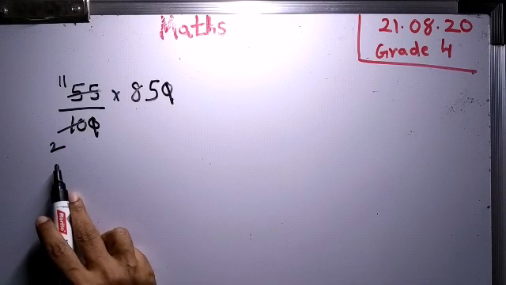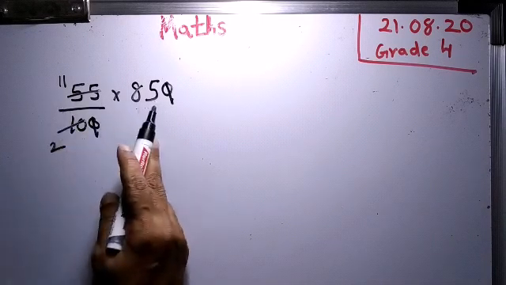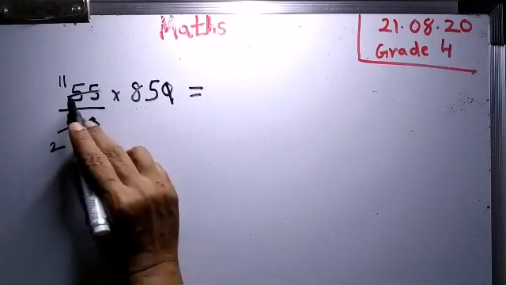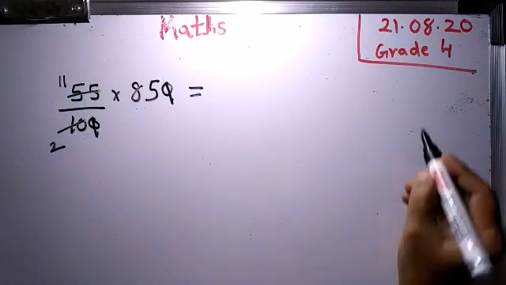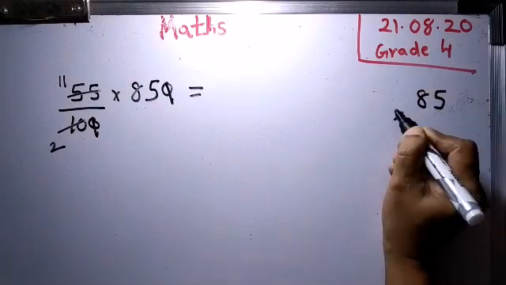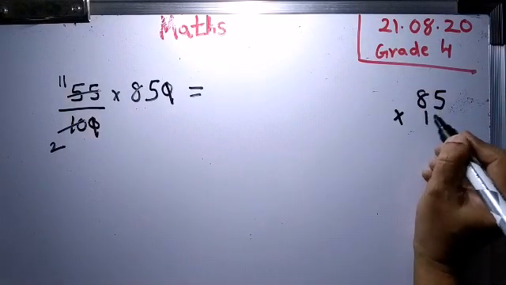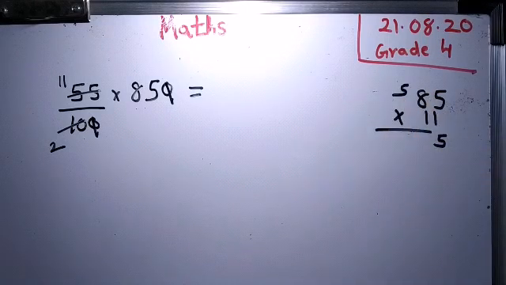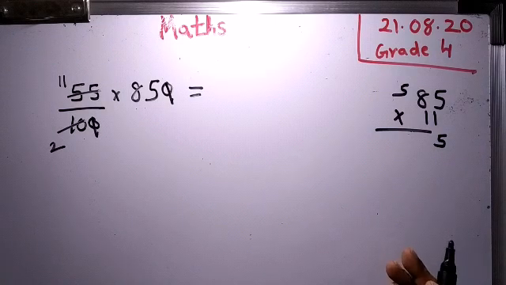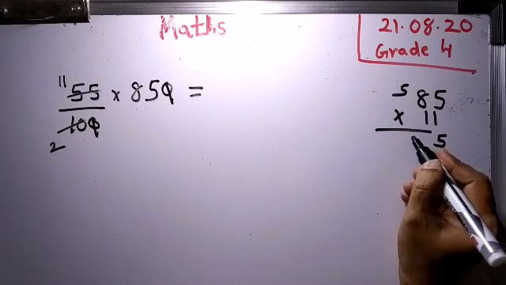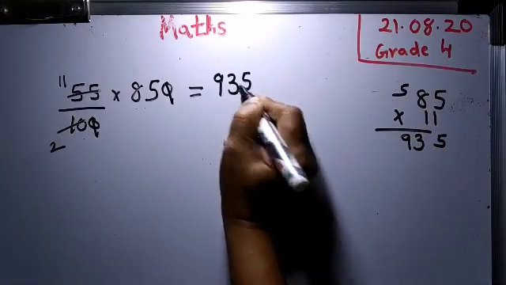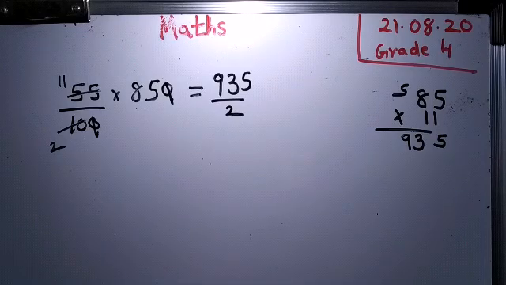Now children, if you see here you have 2. So 2 is neither 11 nor 85 divisible by 2. So we need to multiply 85 into 11. We all know our 11 times table, right? Very simple. 11 5s are 55. 11 8s are 88. 88 plus 5 is how much, children? 88, 89, 90, 91, 92, 93. So this is 935 upon 2.